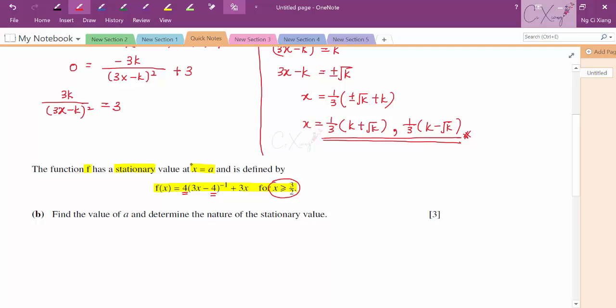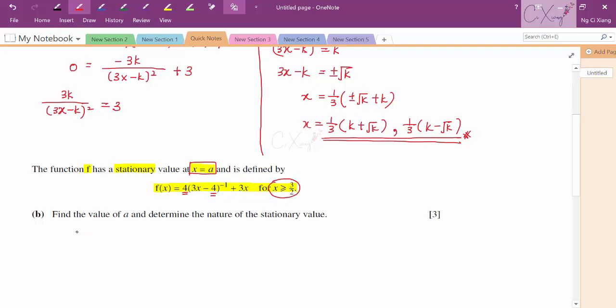Since they already tell us that a is the x coordinate for the stationary point, we should try to figure out the value of a from this answer and also this answer. These two answers are the x coordinates for the stationary value in general. Now we already know that k is equal to 4.